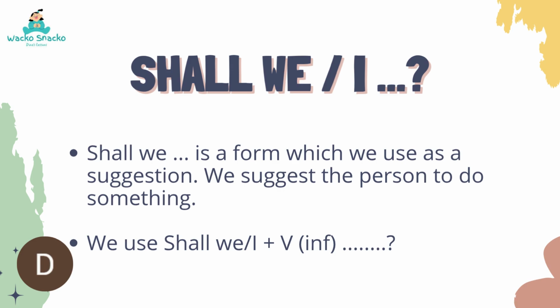And as we said before, the infinitive form is the verb without any addition, without s, es, or ies, or ed, ied, or ing, or even the past form. It has to be the present form with no addition. Okay, alrighty.